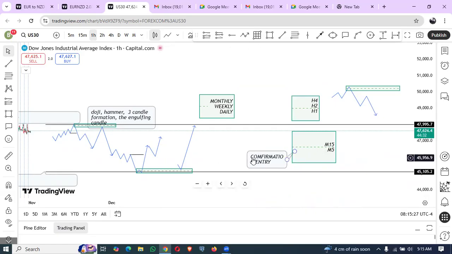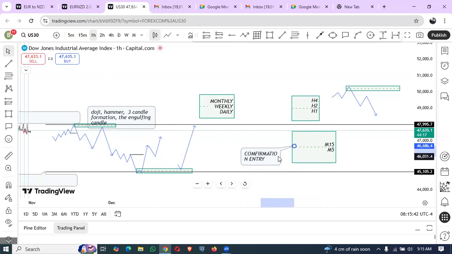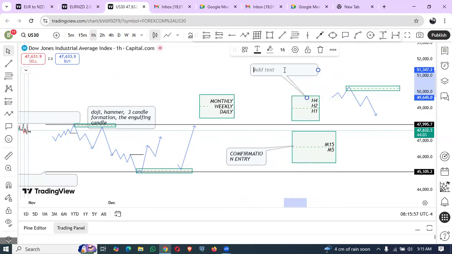I confirm on the lower time frame, then I execute the confirmation entry on these lower time frames. Then on these ones, that's where you map structure. Structure mapping. Then these ones, just check.